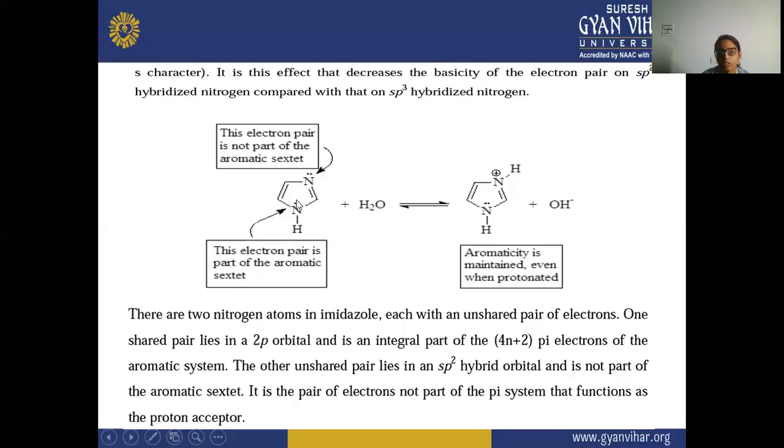So this nitrogen's electron pair is part of the pi system, but the other nitrogen's electron pair is not part of the pi system, yet it accepts a proton.